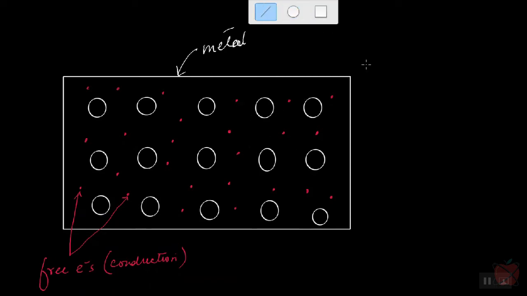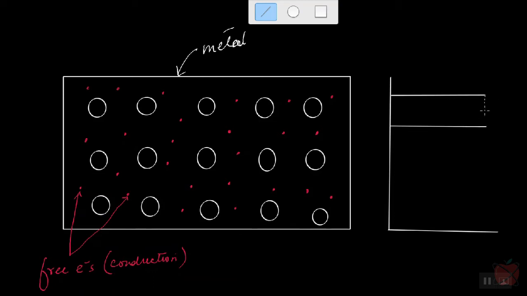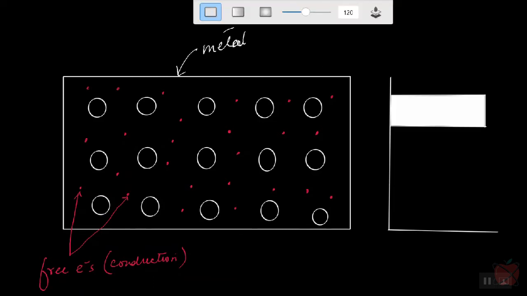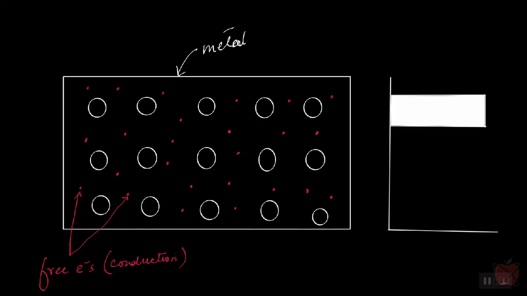So in the energy level diagram, these electrons occupy a high energy level. So this level is called the conduction band. So what is a conduction band?